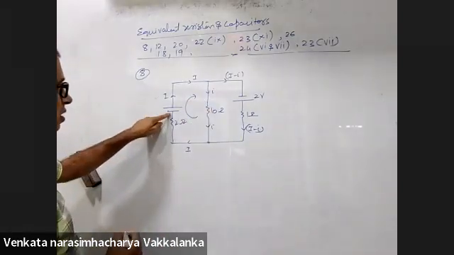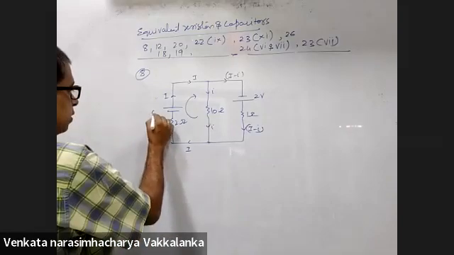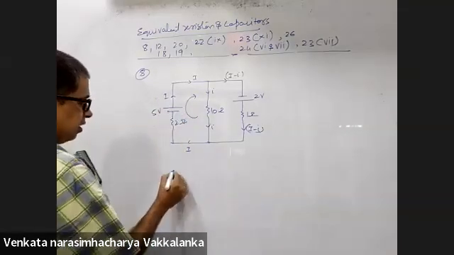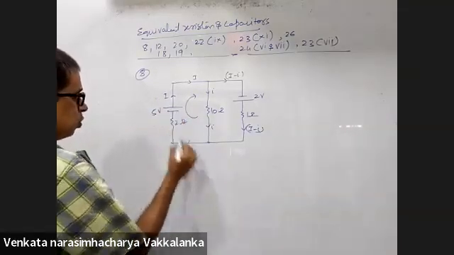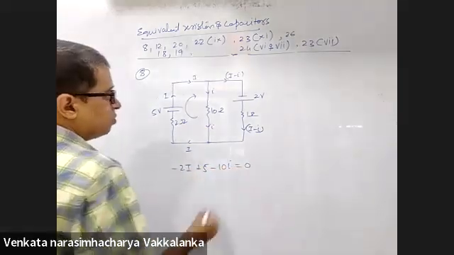Clockwise direction and touching the negative plate first. How much is this? 5 volts, right? In the direction of current, minus 2I plus 5 minus 10I is 0.